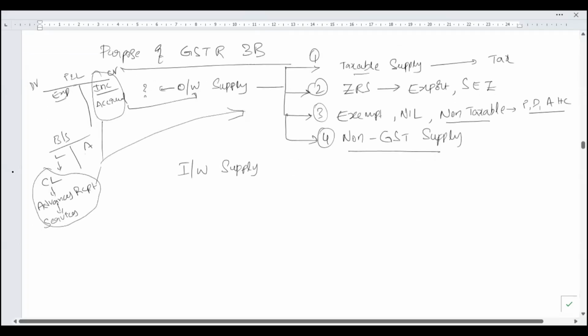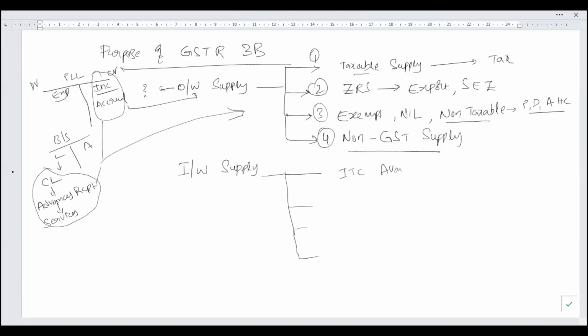Similarly, inward supply. Again, they have bifurcated it like this. Inward supply: ITC availed. Inward supply: ITC not availed, that is your ineligible ITC.